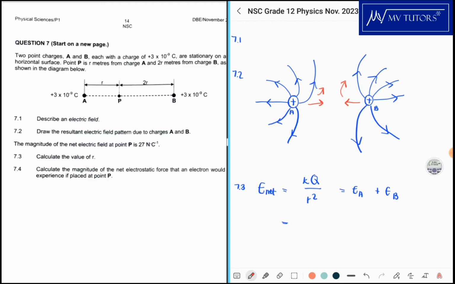So in this case, A will be positive if I'm taking right as positive, and B will be negative.